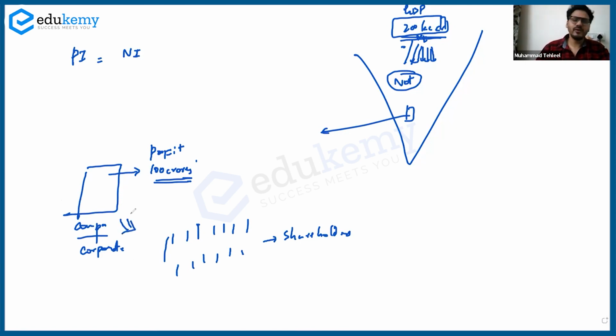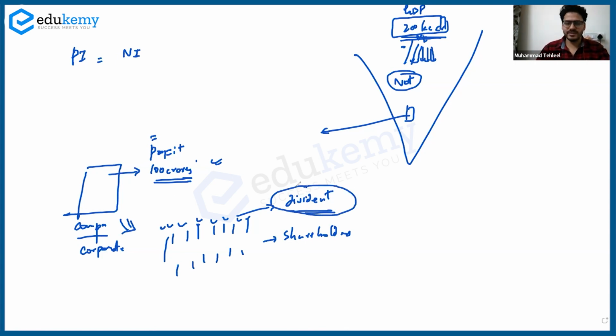We know that when the company has some profits, these profits have to be distributed among the shareholders, and we call that dividend. That means a part of the profit a company has is shared with the shareholders, and it is known as dividend. The corporates have at the top the board of directors.